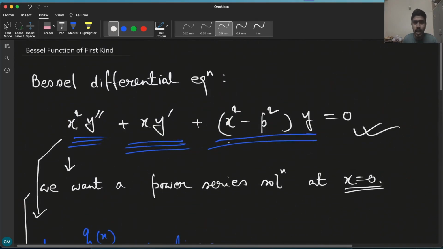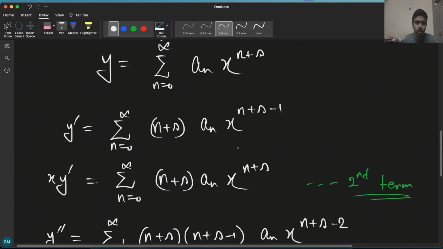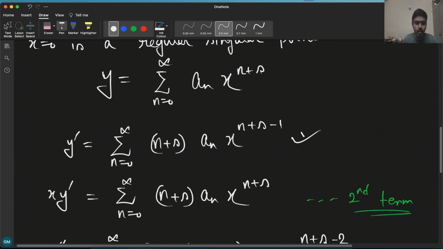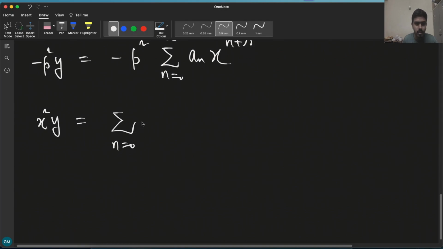But for this x square times y, if I put this expression of y, then what we will get is sum over n equals to 0 to infinity a n x to the power n plus s plus 2.